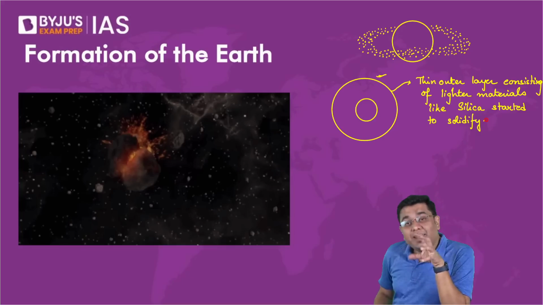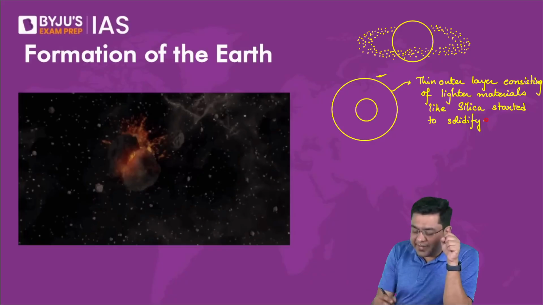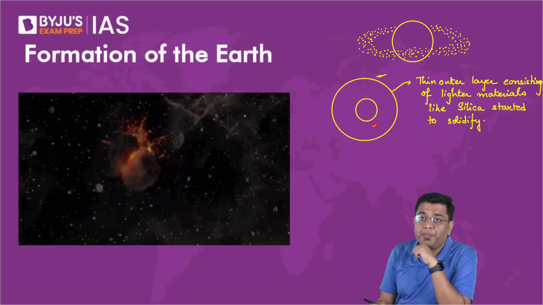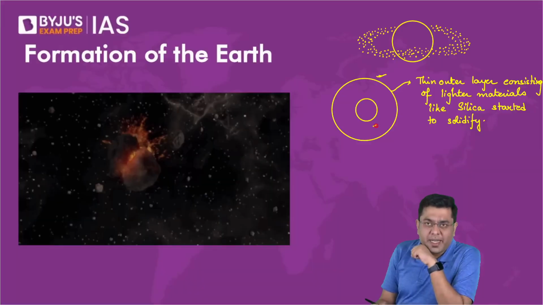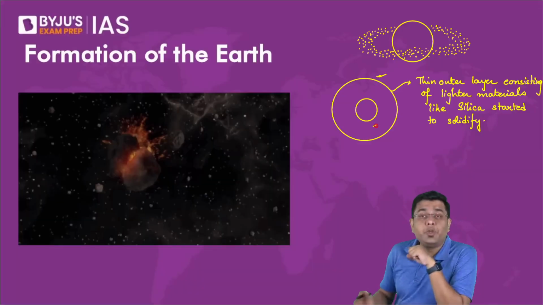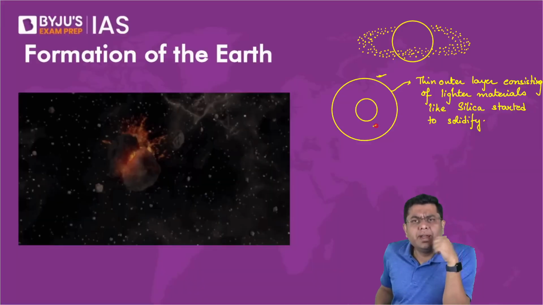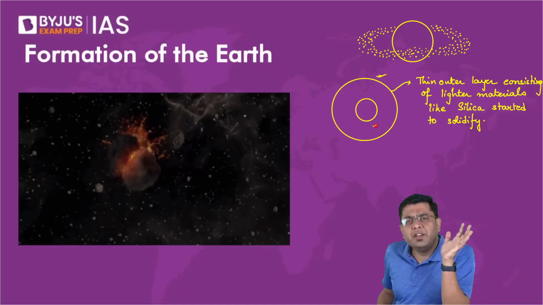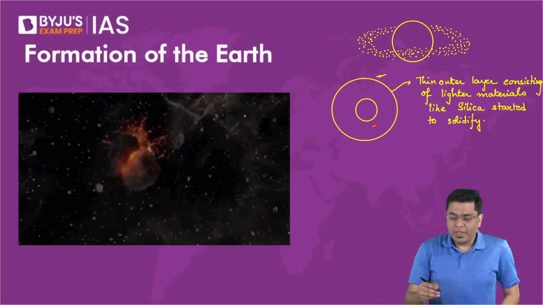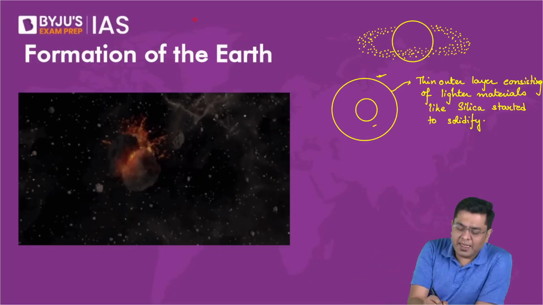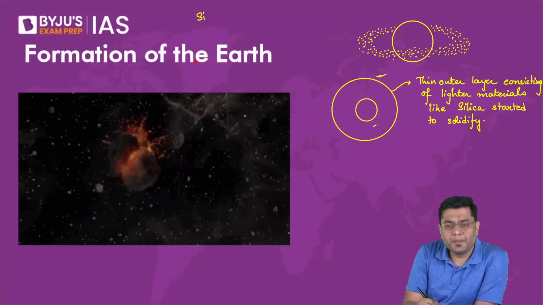Now, as the outer surface solidified, the inner surface was pretty much in a liquid state. When I say the inner materials were in a liquid state, you also had gases which were trapped. Now here you might have a question: till now we were considering solid and liquid, where did gas come into the picture? So understand this. When you talk about any element, let's suppose silicon, if you heat silicon, it will get converted into liquid state, isn't it?